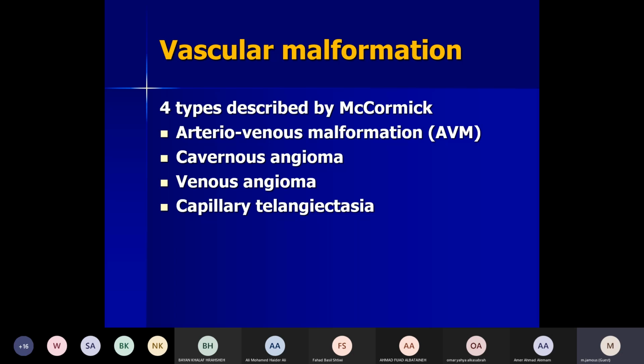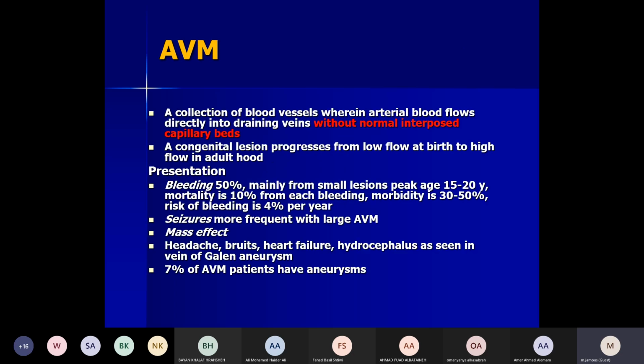Other causes of subarachnoid hemorrhage are vascular malformations, mainly the AVM. Let's talk a little bit about AVM. There are different types of vascular malformation: cavernous angiomas, venous angioma, capillary telangiectasias. An AVM is a collection of blood vessels.